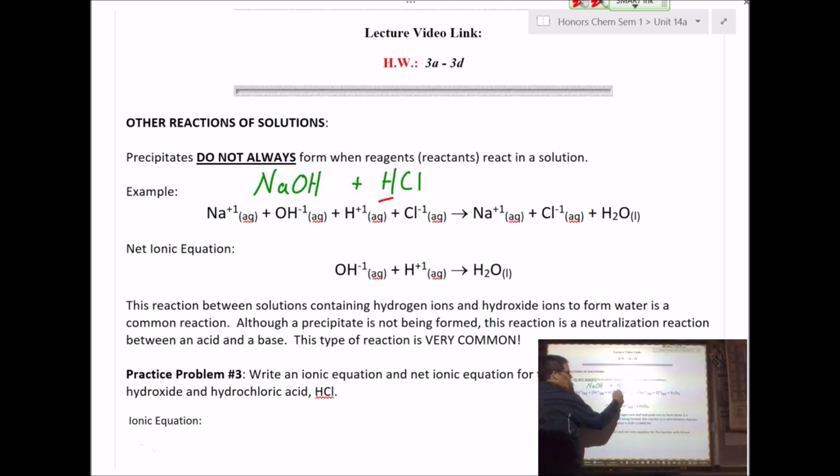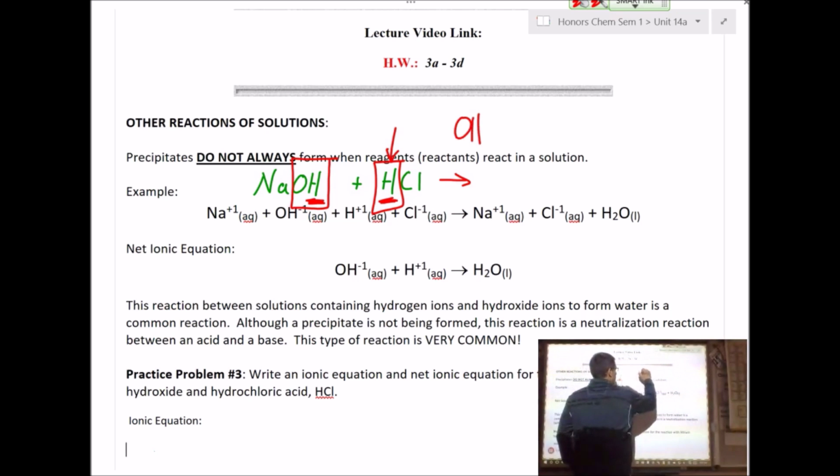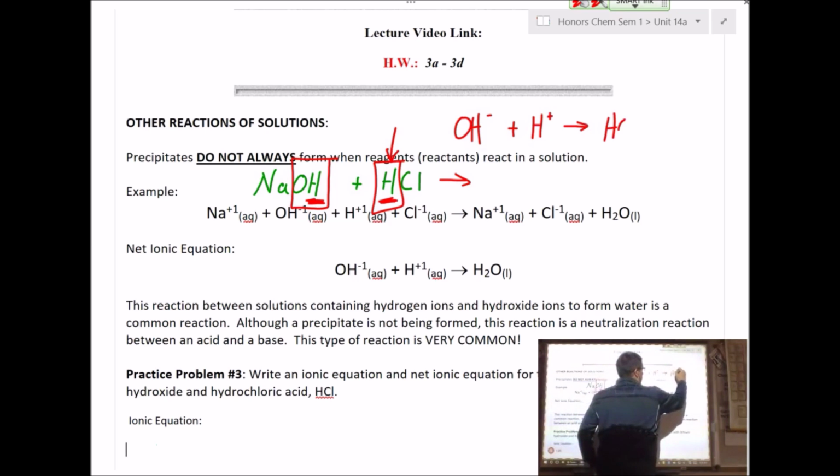If it starts with a hydrogen, you're looking at an acid. If it ends with a hydroxide, you're looking at a base. And more importantly, if we put hydrogen and hydroxide together, what are you going to form? H2O. If we put hydroxide and hydrogen together, then it's going to make water.